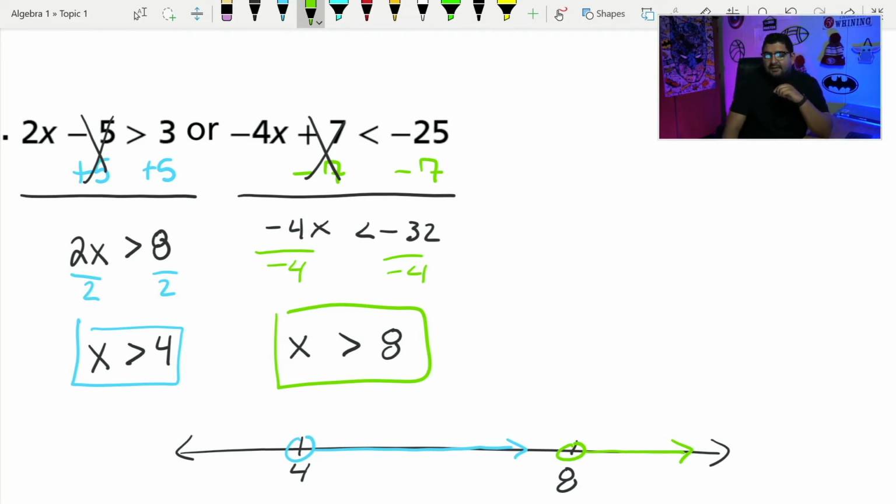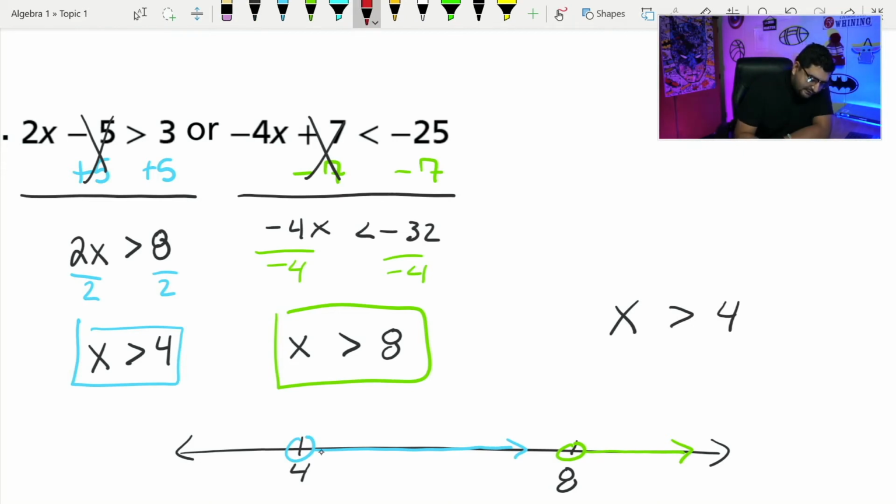So here we have an example where both of our inequalities are pointing in the same exact direction. What we end up doing here is this allows me to write an inequality that's simply x greater than 4.